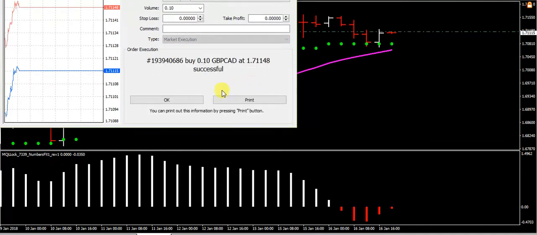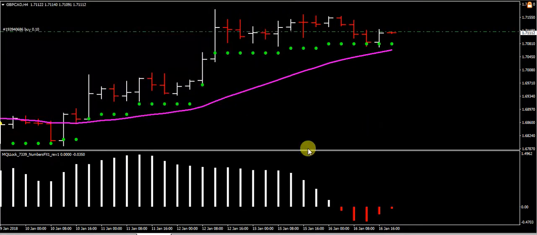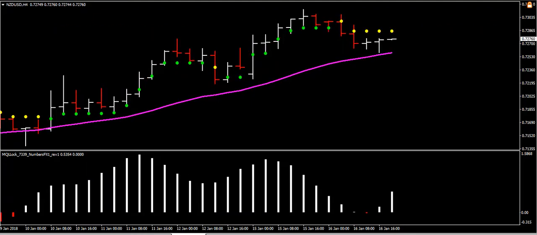So I'll put a buy on there. New Zealand dollar USD. We've got the bounce off the bar, but I haven't got a green confirmation, so just going to leave that one for the moment.